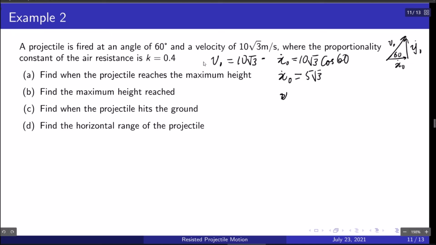And then we'll do the same for y dot naught, which equals 10 root 3 times sine 60, which means y dot naught equals 15. Okay, so here are our horizontal and vertical values.